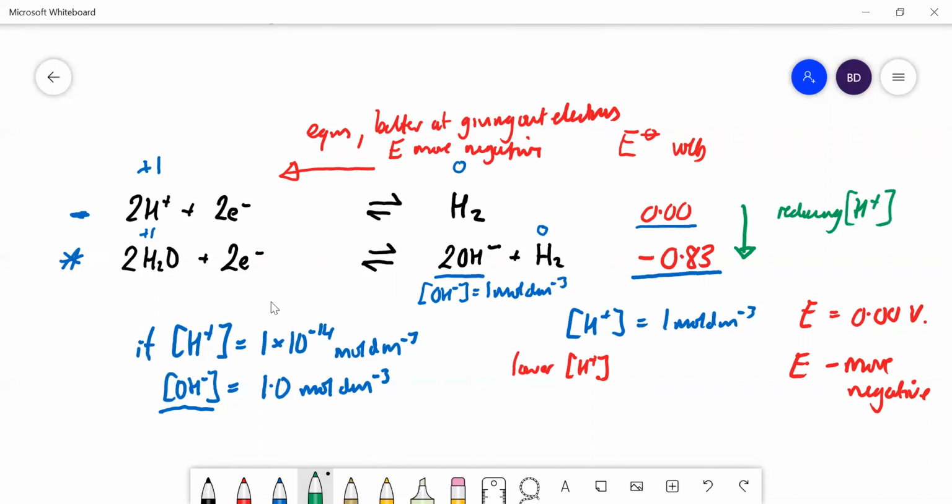And if you reduce it to this extreme value where it becomes alkaline, with 1 mole per decimeter cubed OH-, the lowest it gets to is minus 0.83 volts. Okay, I'm going to leave that one there.